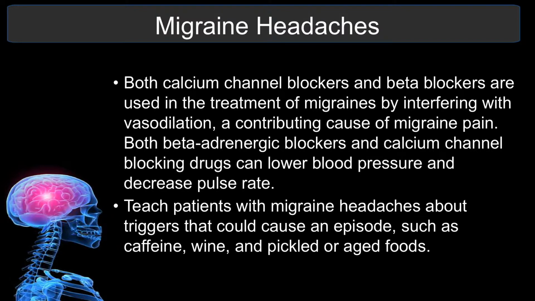Both calcium channel blockers and beta blockers are used in the treatment of migraines by interfering with vasodilation, a contributing cause of migraine pain. Both beta-adrenergic blockers and calcium channel blocking drugs can lower blood pressure and decrease the pulse rate. Teach patients with migraine headaches about triggers that could cause an episode, such as caffeine, wine, and pickled or aged foods.